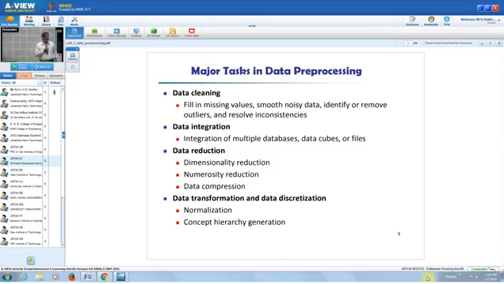And data transformation and data discretization. Data discretization also reduces the number of elements because you discretize the continuous data. Suppose your monthly income is 2000, 2500, 3000, 4500. You have different values. In discretization, you will say low income range, because the minimum salary is 4000, let us suppose; nobody gets less than 4,000.